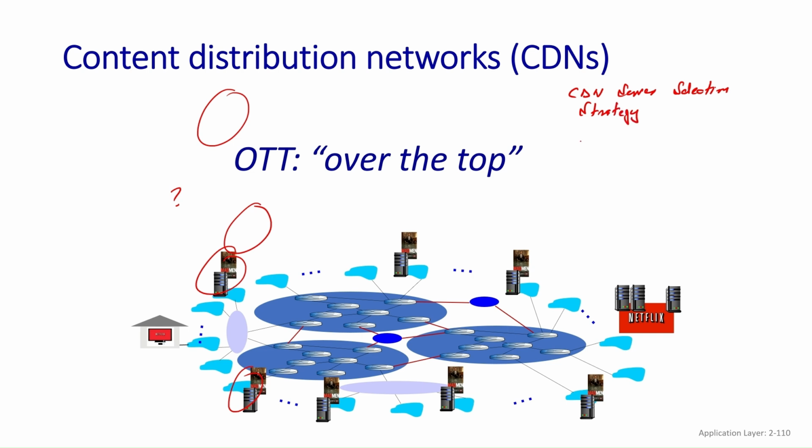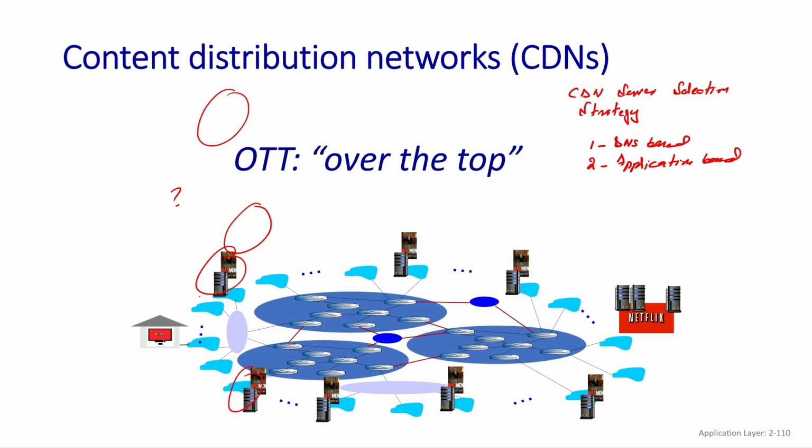There are two approaches that we follow. One is DNS based, and the other is application based. The client will request a server either based on DNS or based on the application.